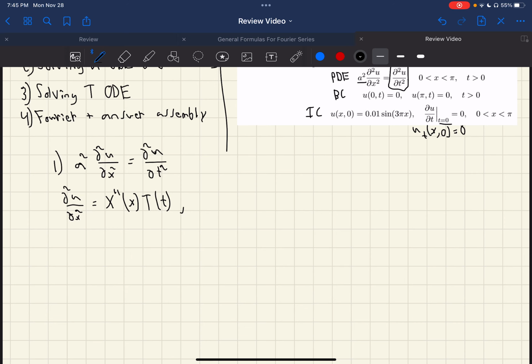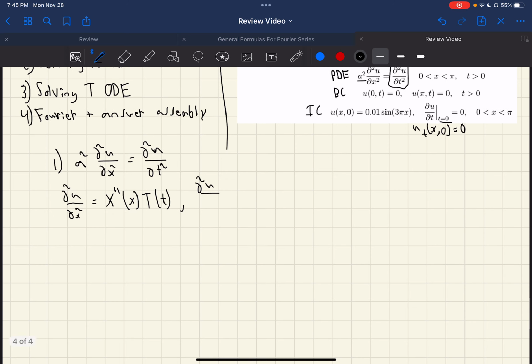And then similarly for the right side, the double partial of u with respect to t is just capital X of little x times T double prime of lowercase t. Sorry for the bad handwriting.